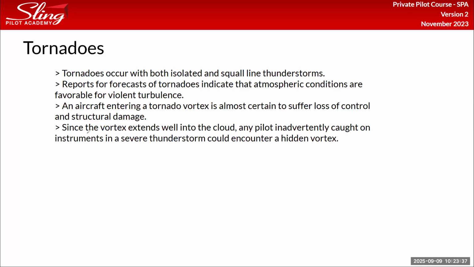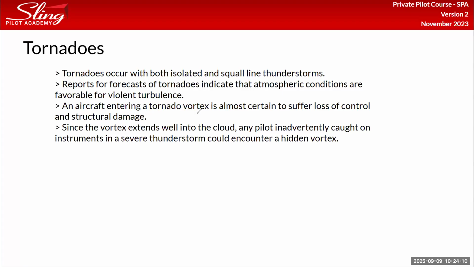But what's important to know from this slide is if for some reason you were in the air, you cannot fly over top of a thunderstorm. It looks like a thunderstorm or tornado. A tornado looks like it's one vortex that has a top to it, but the vortex extends well into the clouds above it. So even if you, for some insane reason, were thinking about flying on top of a tornado, it extends further than you're able to see.